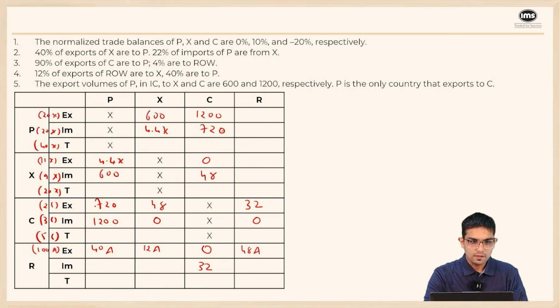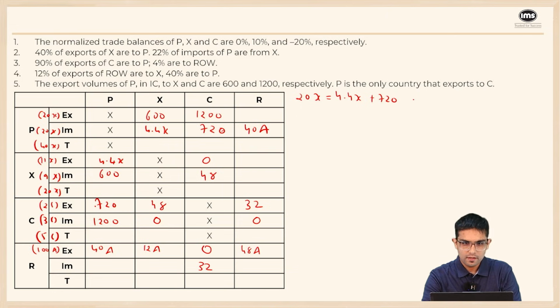Now let's look further. We can see that export of R to P is 40A. So P's import from R has to be 40A. So you will get one equation which says 20x is equal to 4.4x plus 720 plus 40A.